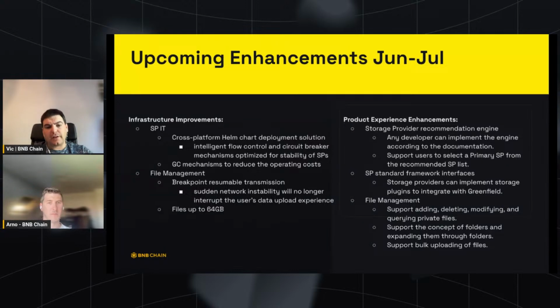Besides increasing the overall max file to 64 gigabytes, which by itself now enables more use cases. Is this by default, or is it something that can be customized by different SPs, or right now it's only 64 max? It's a support. So if you have a file of 65 gigabytes, before this, you couldn't even upload such big files.